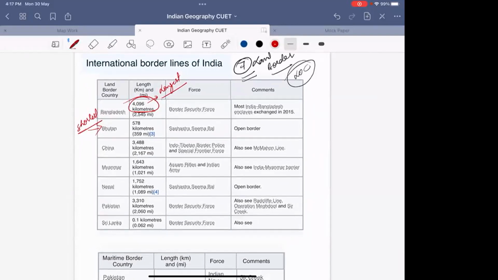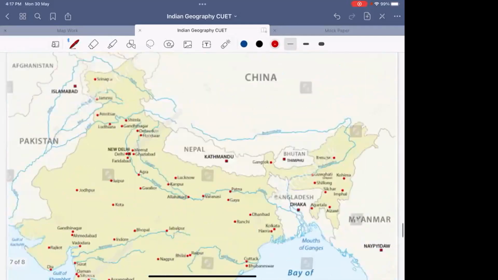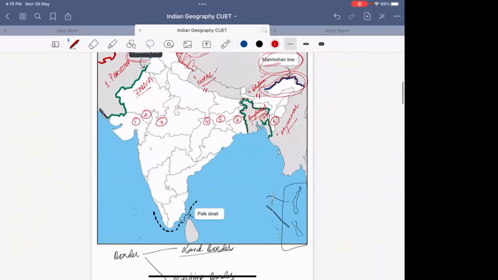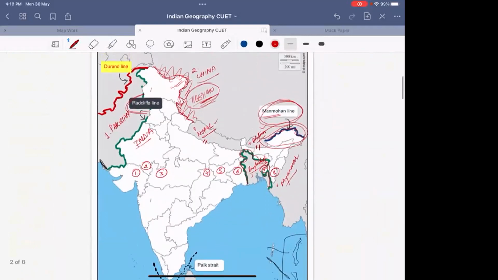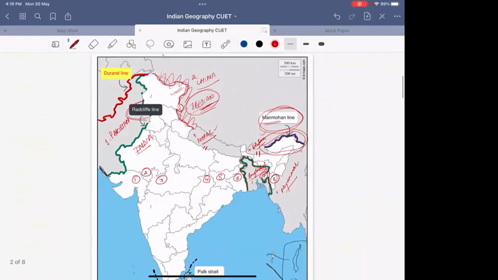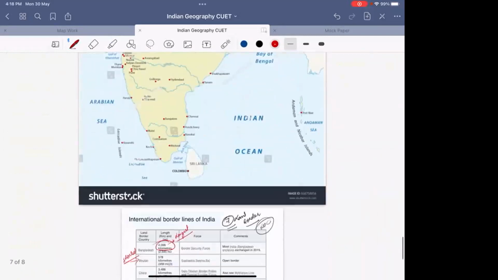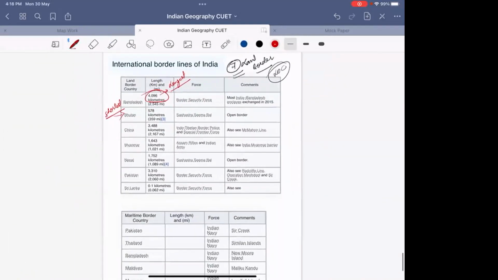So Bangladesh shares the longest border with India. If you look at the map, you can easily make out the border, but there is usually confusion. Looking at the map, the Pakistan border also looks quite long, but when you look at the details, the Pakistan border is 3,310, while Bangladesh is 4,000.